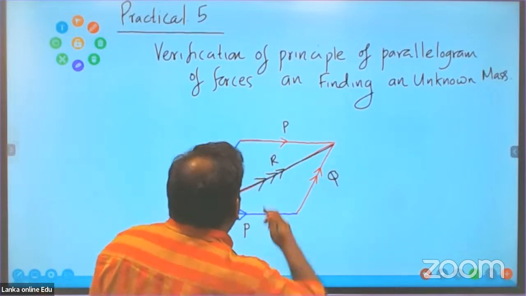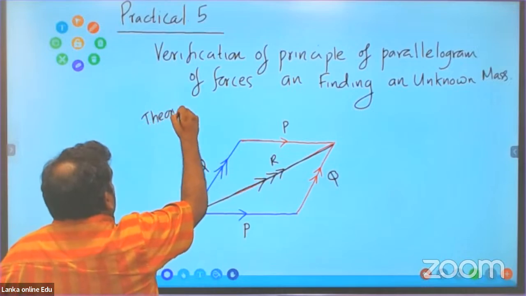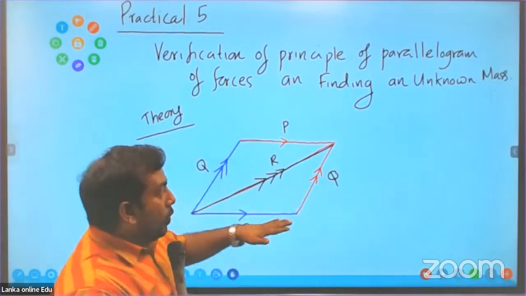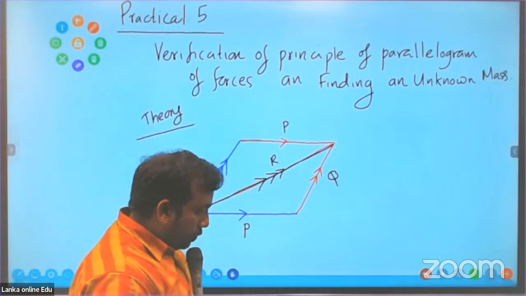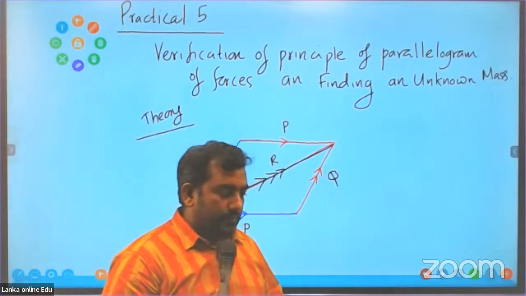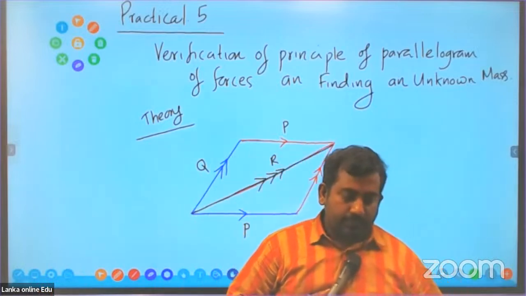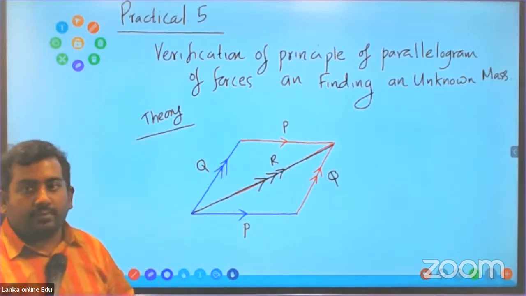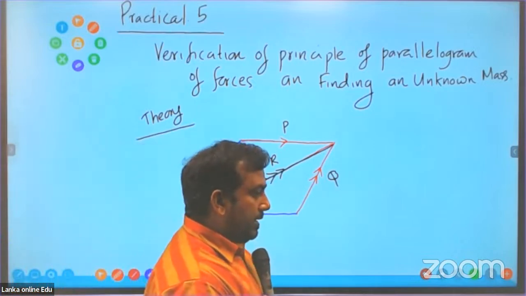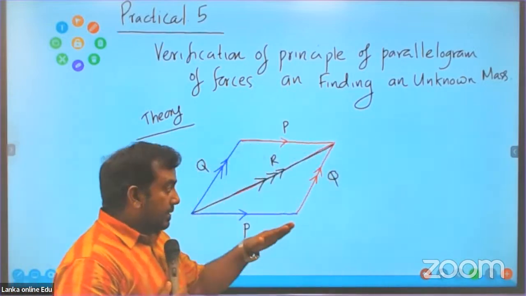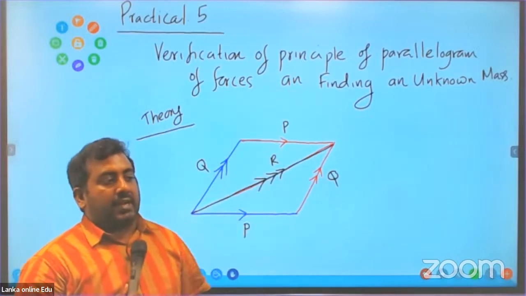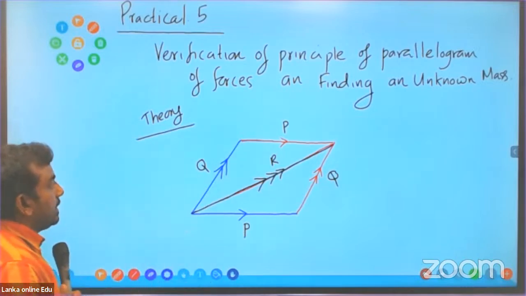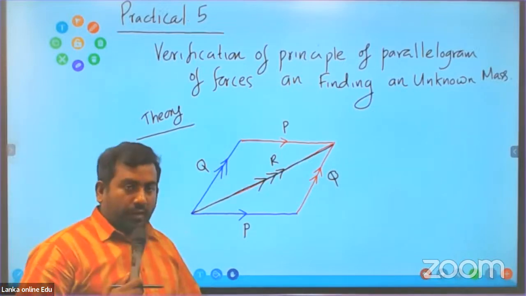Under this, write the theory. If two forces are represented on adjacent sides of a parallelogram, the main diagonal will give us the resultant.